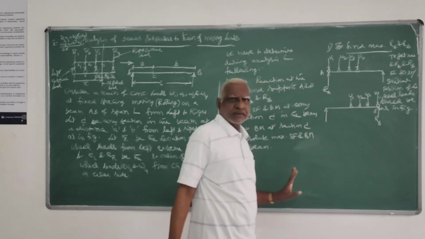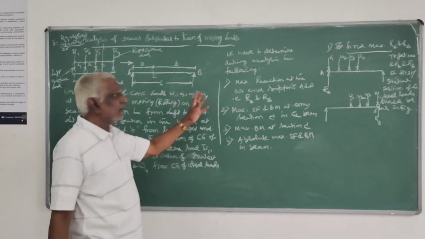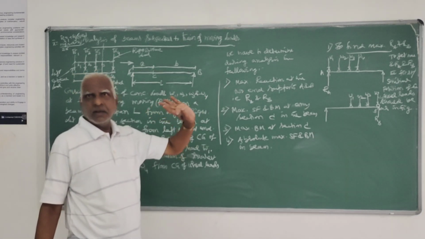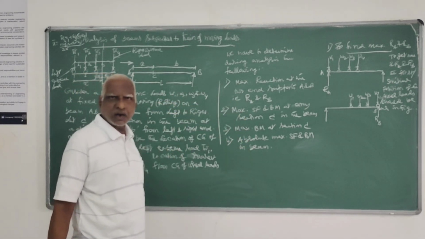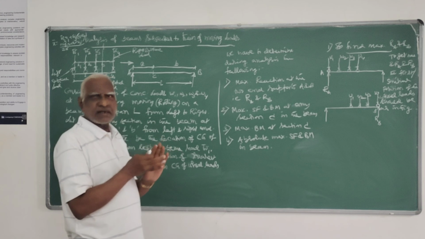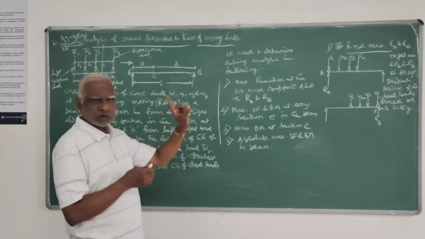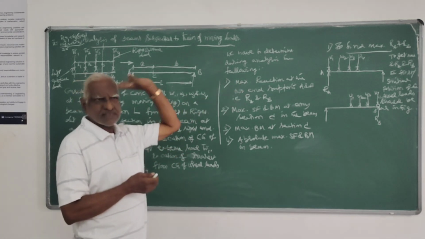To start with, initially. So we are adopting a sort of trial and error method in order to find maximum RA. Always the first trial, that is the first position of the wheel load, you have to place like that.